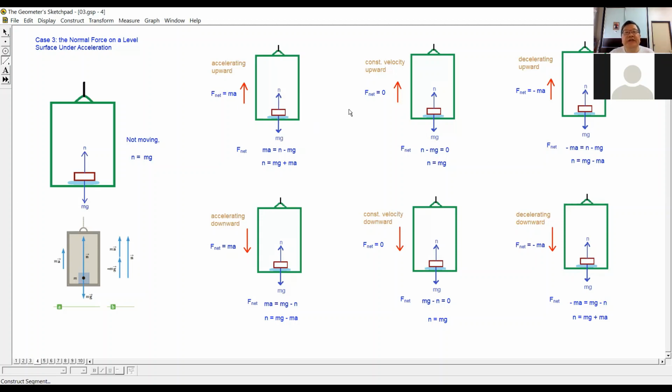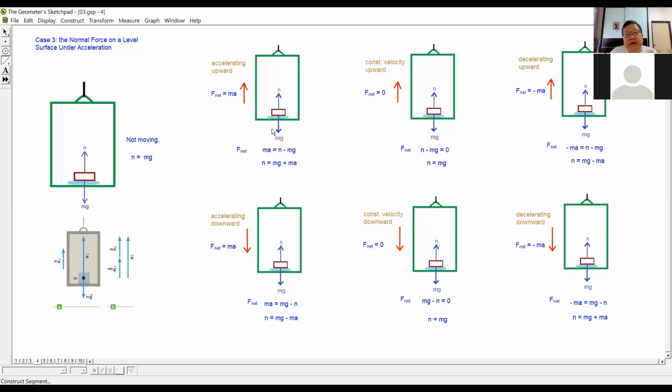The object is accelerating upwards, so the net force is upward. That means the normal reaction is bigger than the weight.